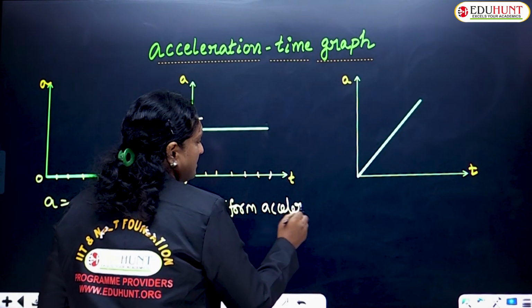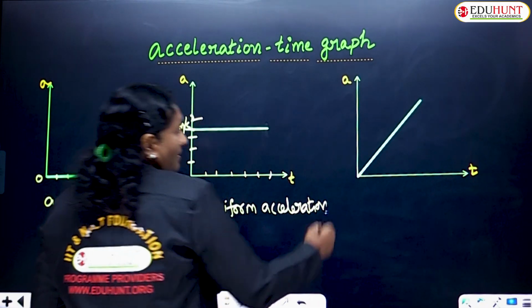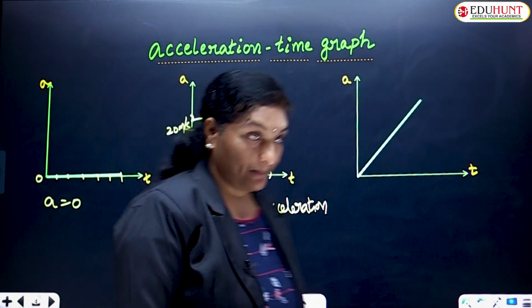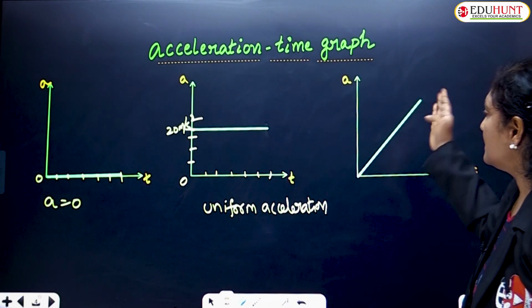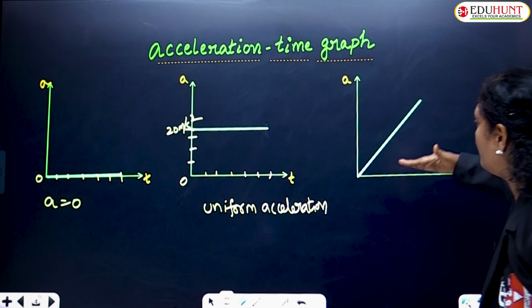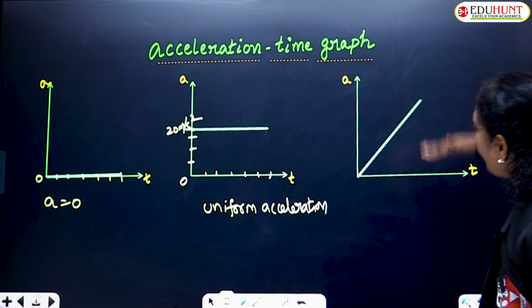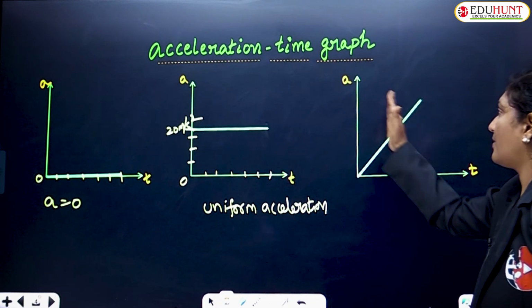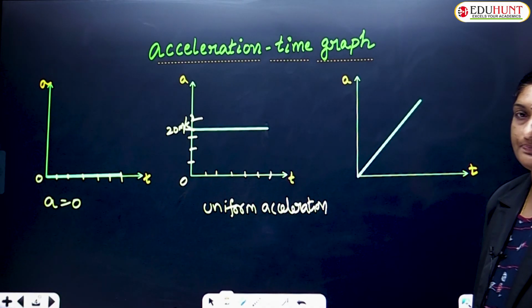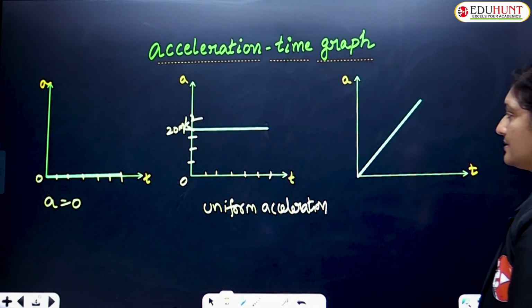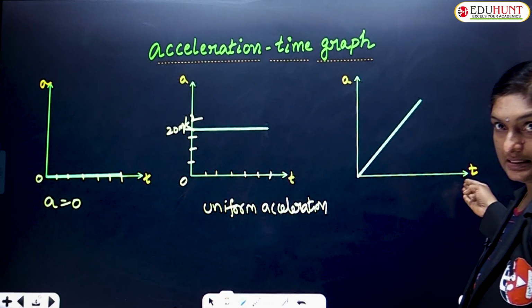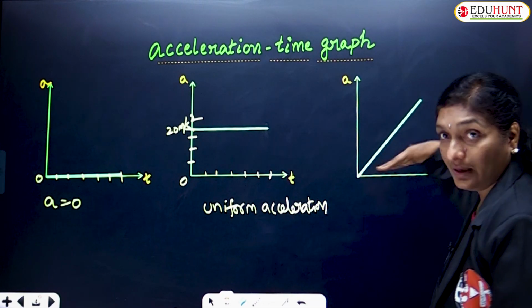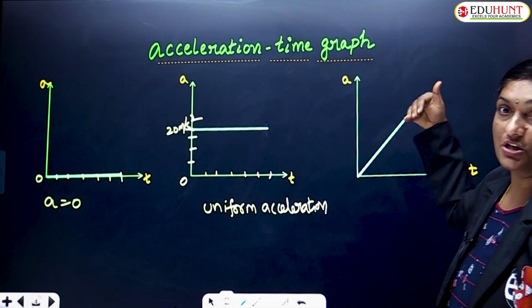Is that clear, children? Now, the last example for the same acceleration time graph. Here we can observe that this acceleration time graph is moving away from the time axis as well as away from the acceleration axis. In this type of example, as time increases, acceleration also increases. Acceleration is also changing.